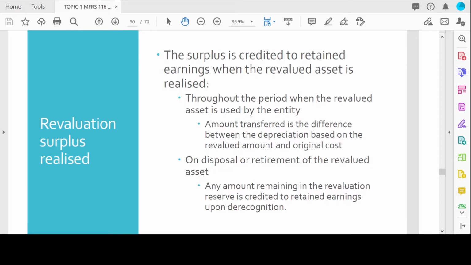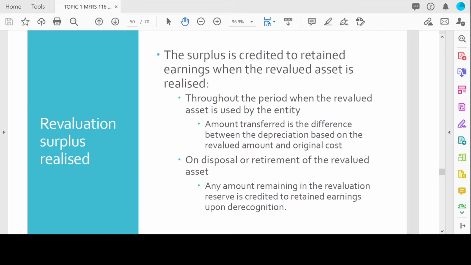The first one is throughout the period when the revalued asset is used by the entity. Throughout the period that you use the asset, we are able to credit some amount from the revaluation surplus and transfer it to the retained earnings. The next one is on disposal or retirement of the revalued asset.